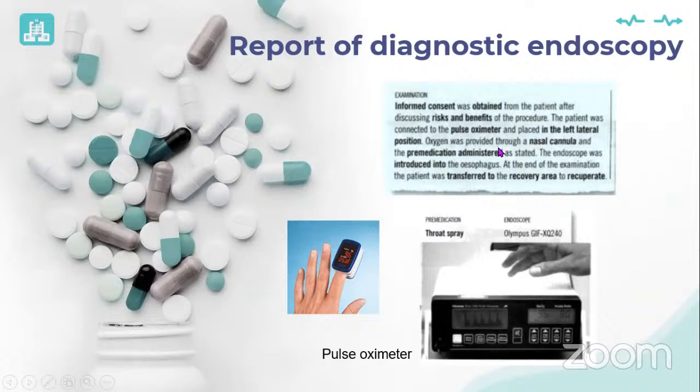Oxygen was provided through a nasal cannula and the premedication administered, as stated. The endoscope was introduced into the esophagus. At the end of the examination, the patient was transferred to the recovery area to recuperate.